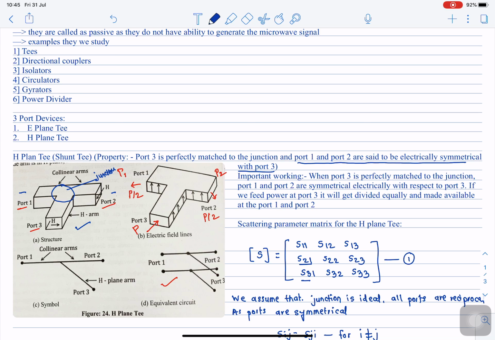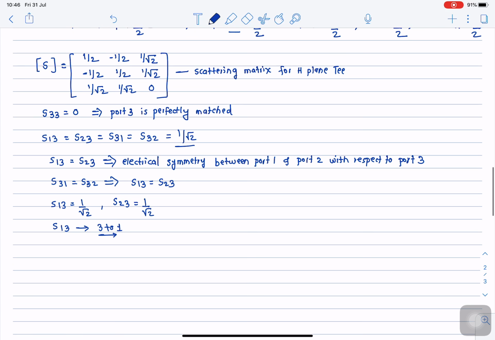So if we observe these equations carefully and interpret these values, it indicates that the power we feed at port number 3 will get equally split at the remaining two ports, port number 1 and port number 2, again with the same polarity, and it follows the property of electrical symmetry.